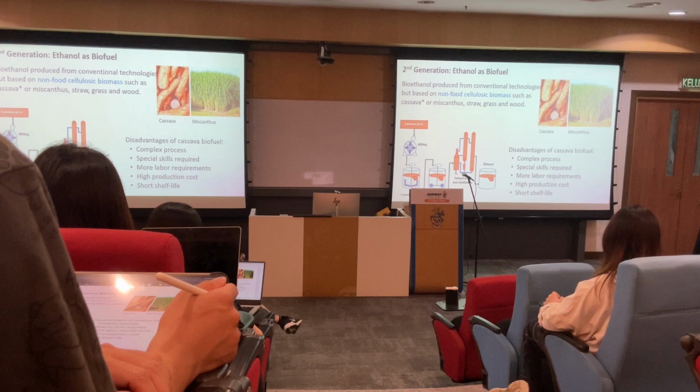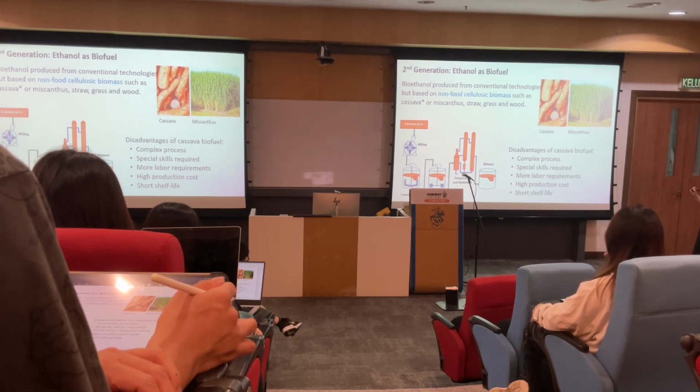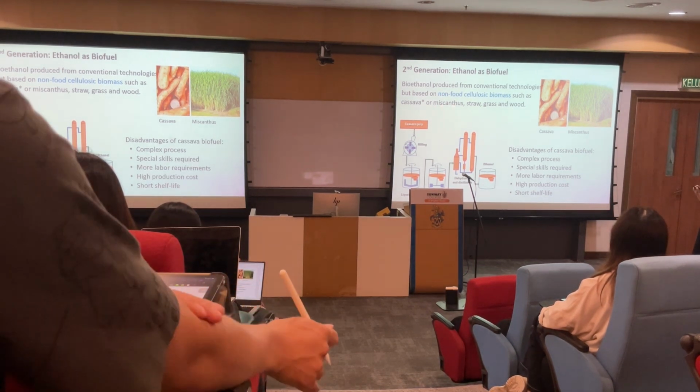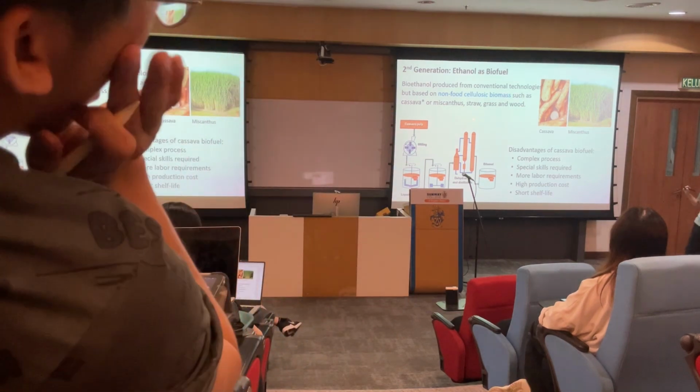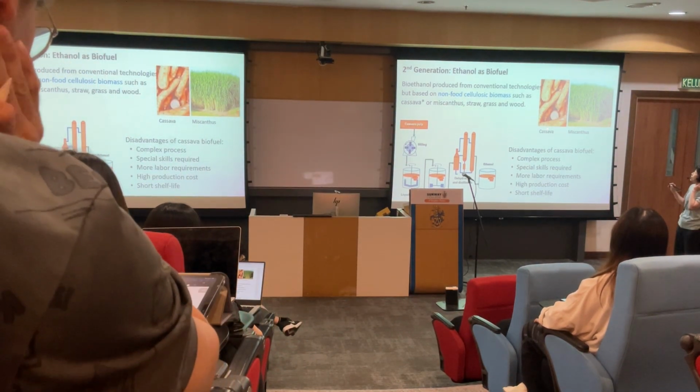So that is a waste and also quite costly, if it's supposed to be food but you use it to make ethanol. In the second generation, the method remains the same, but the raw material is no longer corn starch, but something that is left over.